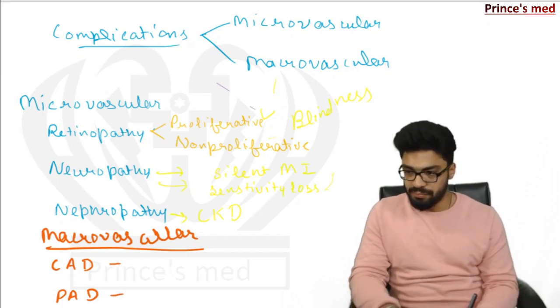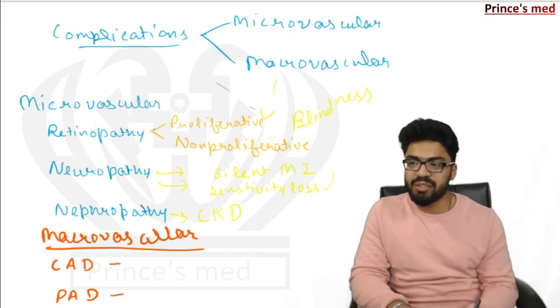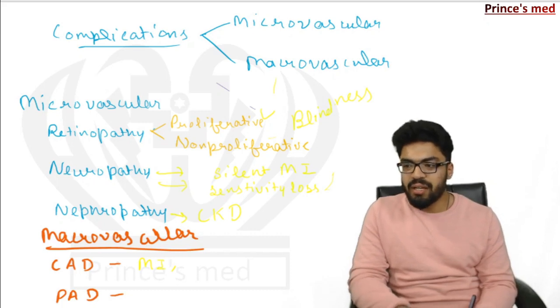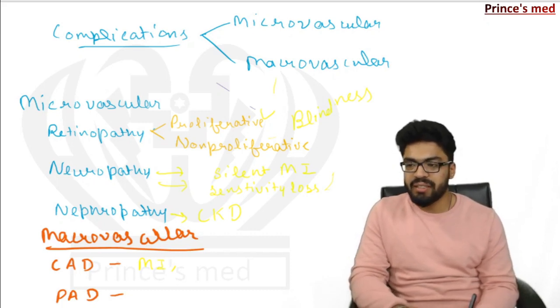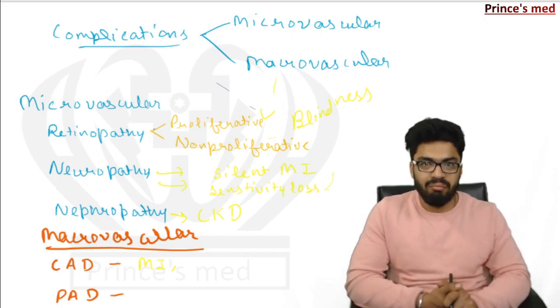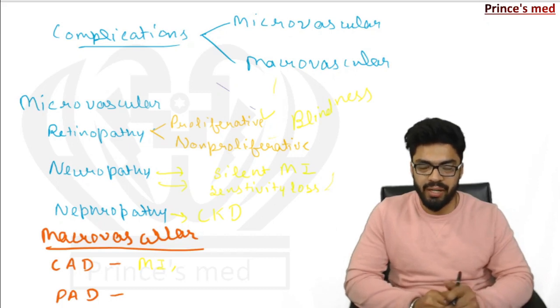Coronary artery disease leads to further MI, Prinzmetal angina, unstable angina, etc. Diabetes increases the risk more than 3 times for chronic coronary artery disease.